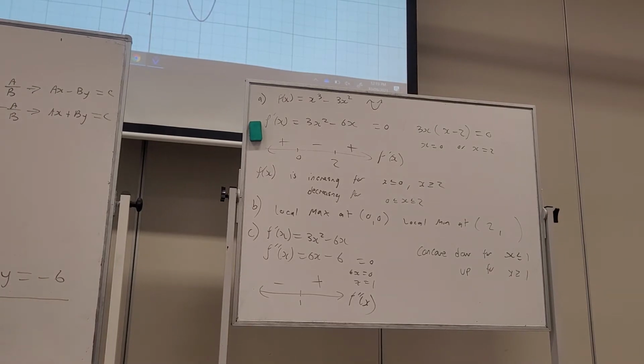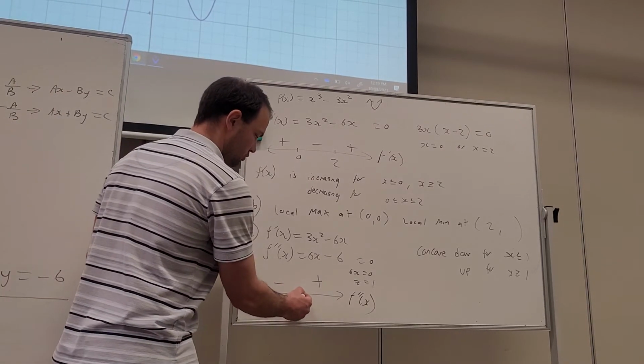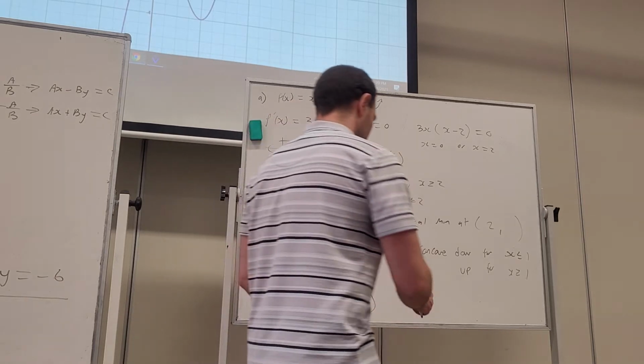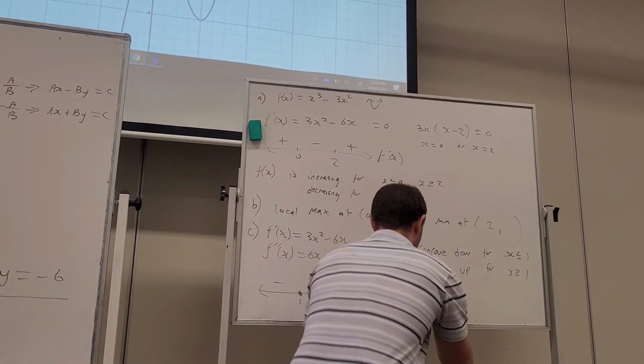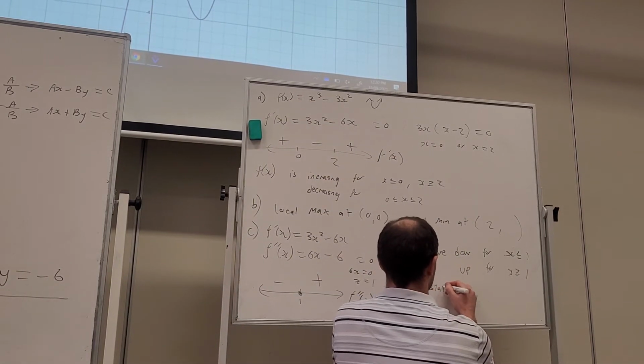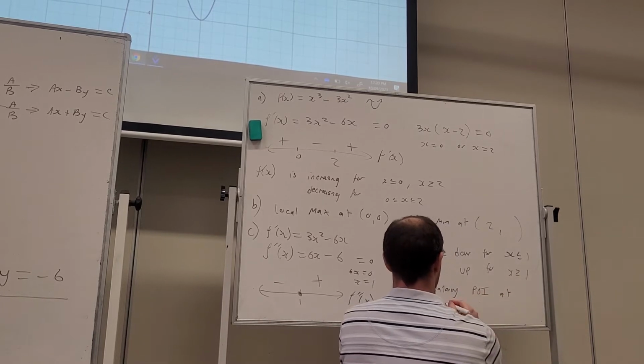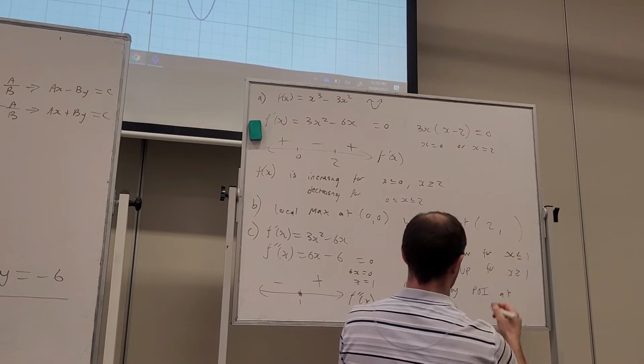Okay, which means we have a point of inflection at x is 1. That's where it transitions from being concave up to concave down. So a non-stationary point of inflection. So if x is 1, then y is going to be minus 2.